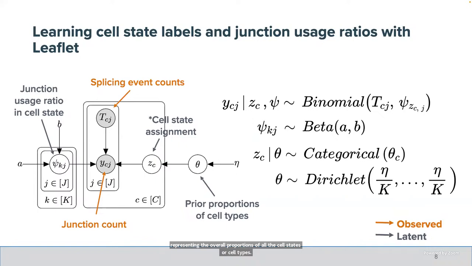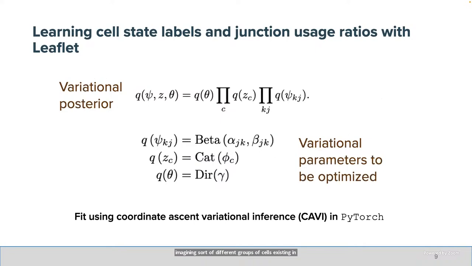I'm using cell state and cell type really interchangeably, but ultimately, we're just imagining different groups of cells existing in space that have something in common. So how do we actually learn these variables? We can make use of the mean field assumption, which allows us to nicely approximate the posterior distribution with this factorized variational posterior.